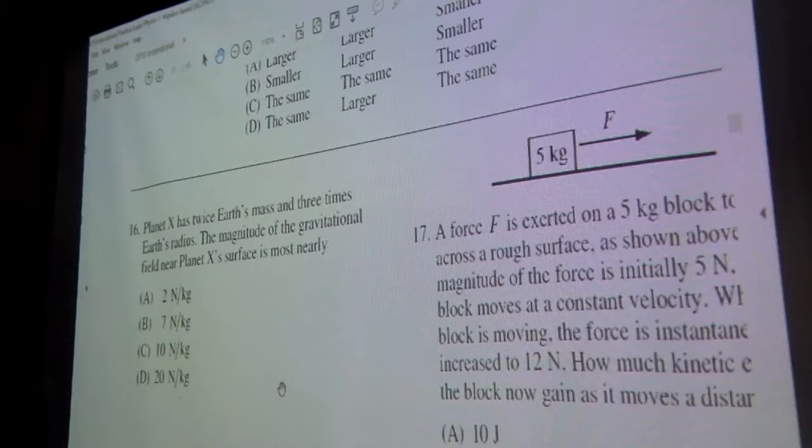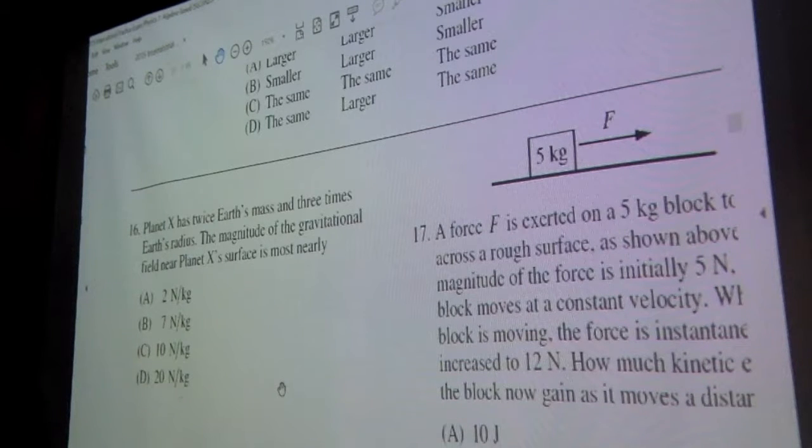Now, after you write these two equations, just divide them. So when you divide, you get gE over gX equals G ME over RE squared divided by G 2ME over 9 RE squared. And you can now cancel off all those things.